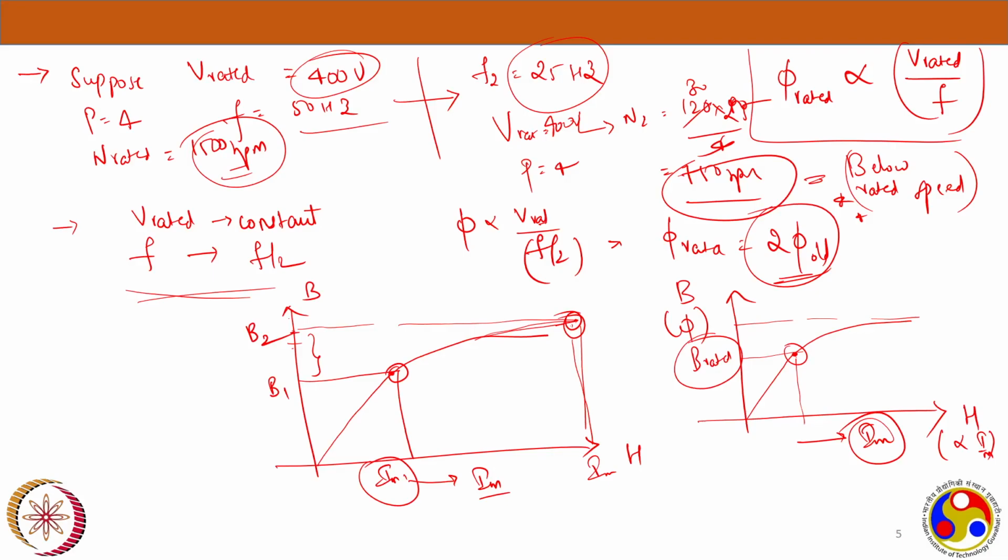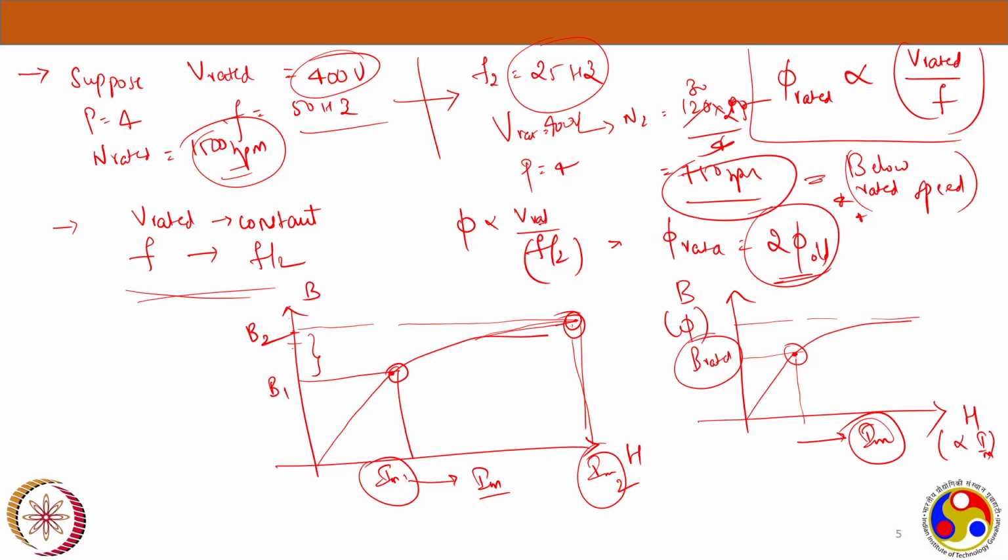Now my flux density is twice, so the current drawn will be very large. This is the new current requirement, IM2, and the motor will get saturated, because when you draw that much current, your motor will move to saturation.